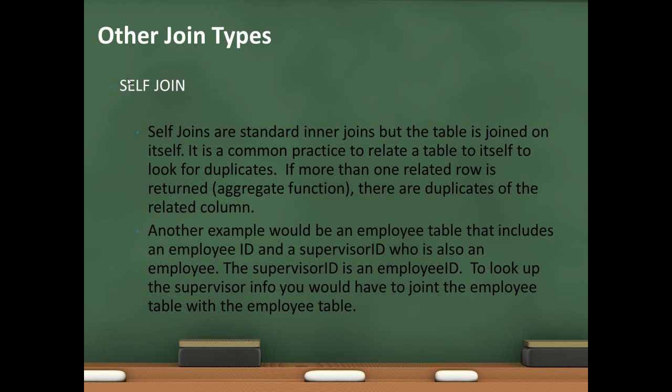Let's imagine that we've got an employee table, and in that employee table we have every employee that works for the company, including an employee ID. Now, in that same table, though, we might have a supervisor ID. And you're going to put who the supervisor is for that particular employee in that supervisor ID. That supervisor ID is also an employee ID. But we're calling it a supervisor ID because remember, a minute ago we talked about it.